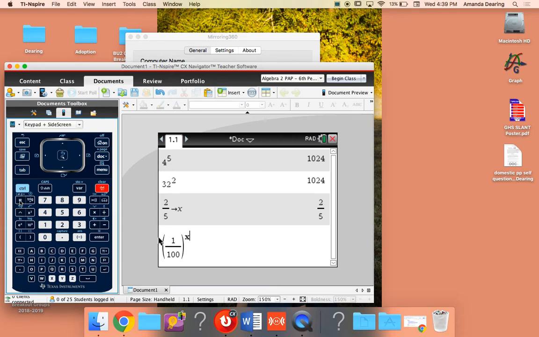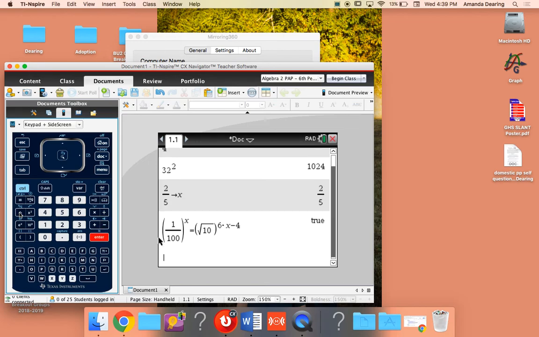Does that equal, arrow to the right, excuse me, oh, it wasn't a fraction, gotta look ahead. Square root, control x to the second, 10, and then that is being raised to the 6x minus 4. True. So 2/5 works beautifully.